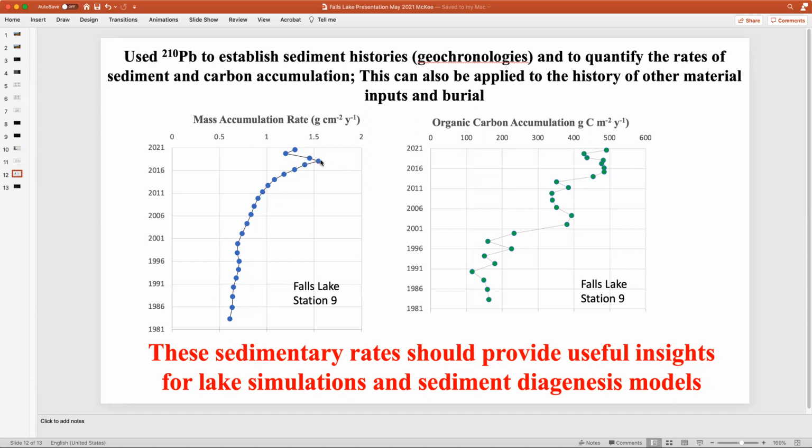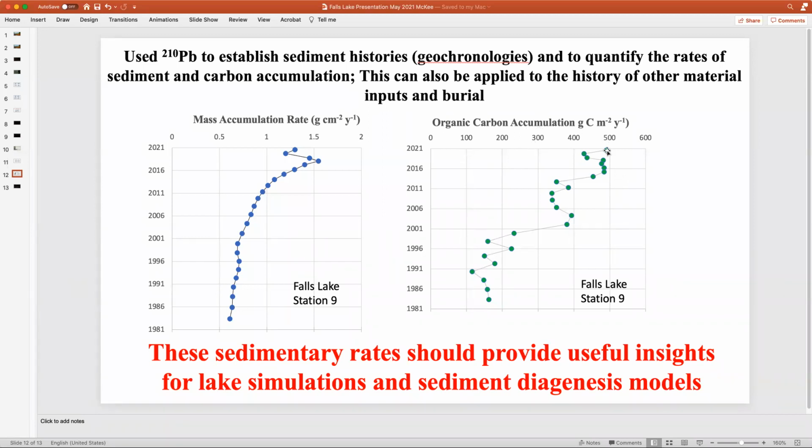There's a peak here in 2019 that may have something to do with Florence. We'll look into that more. Here's the carbon accumulation rate from station 9, showing a pretty dramatic increase in the organic carbon accumulation here, though lots of character to the profile, and so some interesting things to investigate.